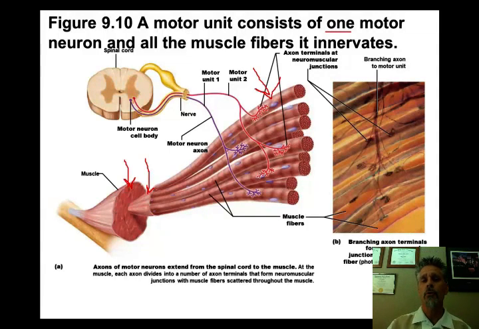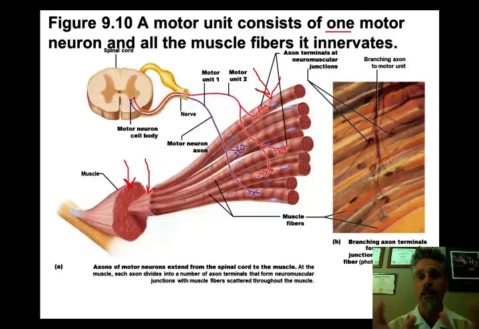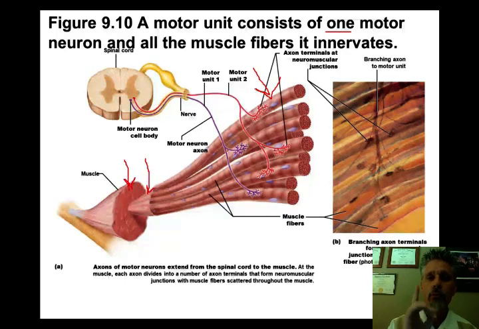Fine motor control comes from controlling just a handful of these muscle cells at a time, so we can very precisely control the use of those muscle cells inside of a whole muscle. Or is it like we're just calling in a whole army of cells at once? Definitely in definition you need to know a motor unit is one motor neuron and all of the muscle fibers that it innervates.